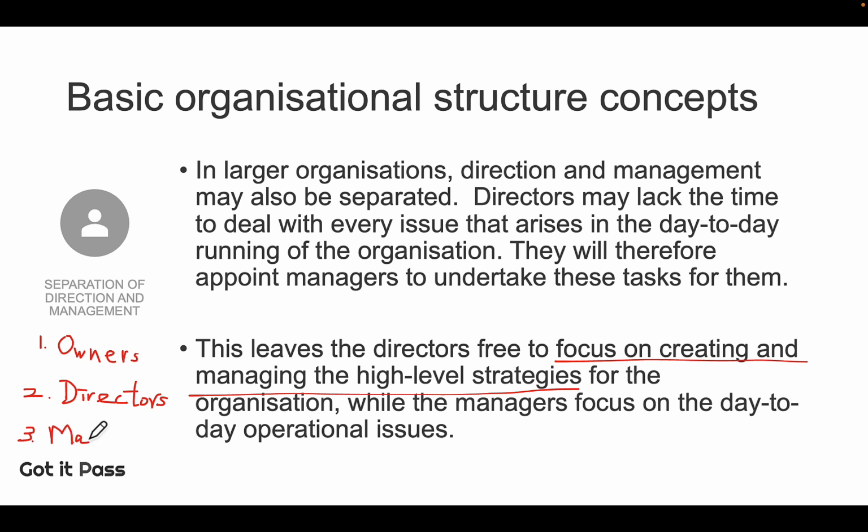So we have three layers: owners, directors, and managers, from the first two concepts that we explained, because ownership and management can be separated and direction and management can also be separated.